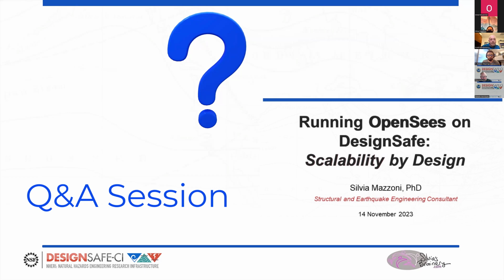Okay, so first of all, you shouldn't be running IDAs. You should be running spectrum-consistent, hazard-consistent ground motions. But okay, DesignSafe just allows you, when you're doing an IDA, it depends on how you're running it, right? You define a set of ground motions, you define your set of scale factors, and you run the analyses.